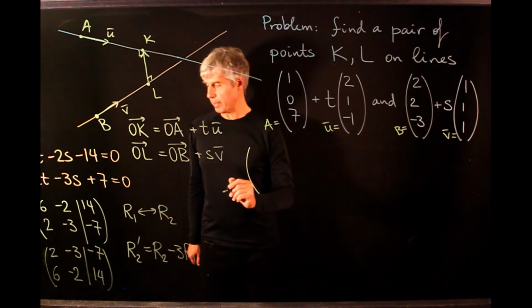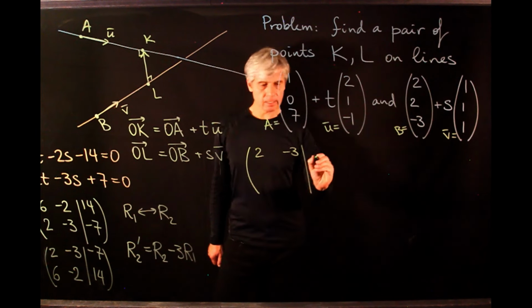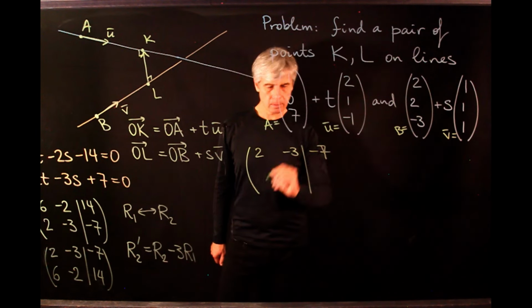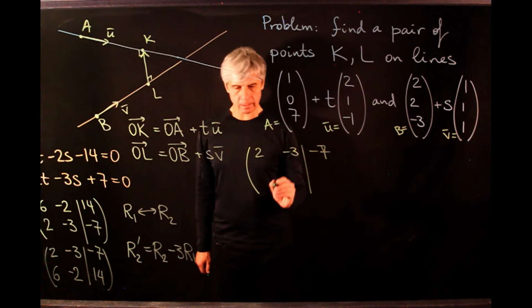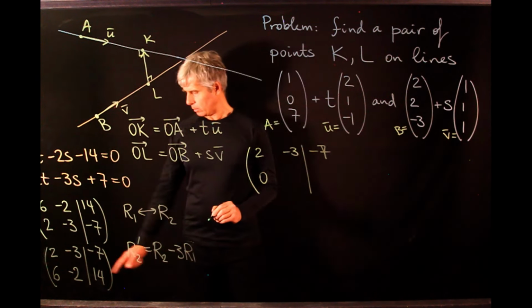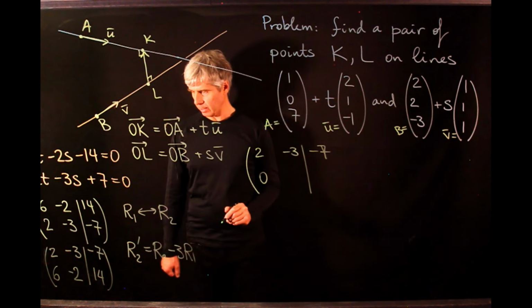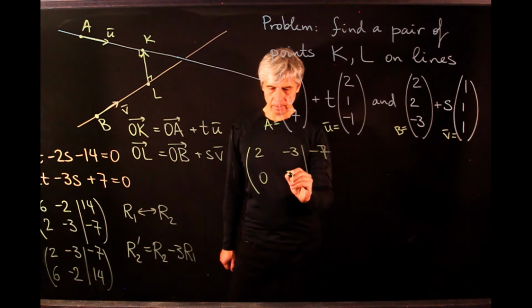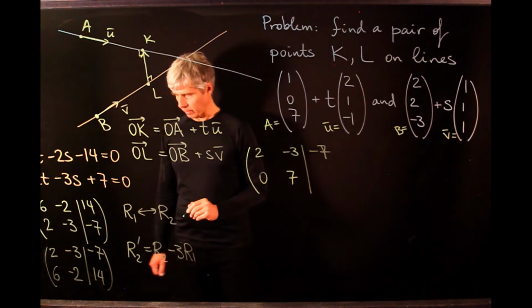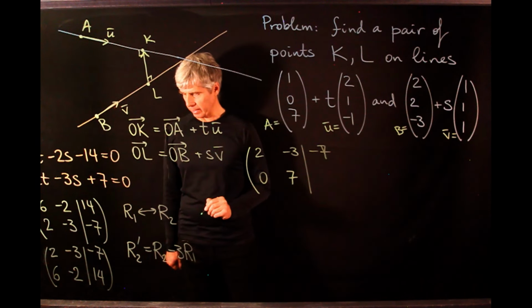So we get the following matrix: 2, negative 3, negative 7. And then here we have 6 minus 6, that's 0. So negative 2 plus 9. So that's going to be 7. And we have 14 plus 21.